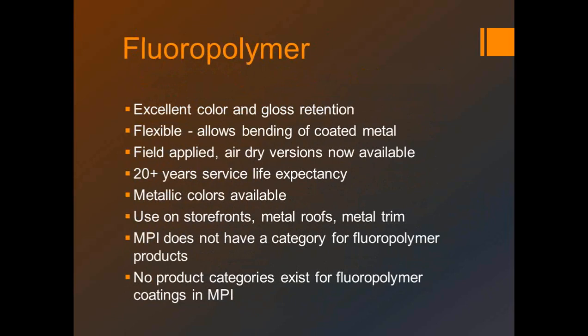One of the great things about fluoropolymers is that coil-coated stock can be wound up on big coils, unwound, and made into gutters, downspouts, copings and all kinds of things, because the coating will actually stretch a little bit.